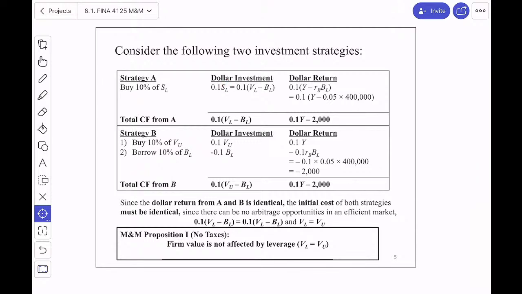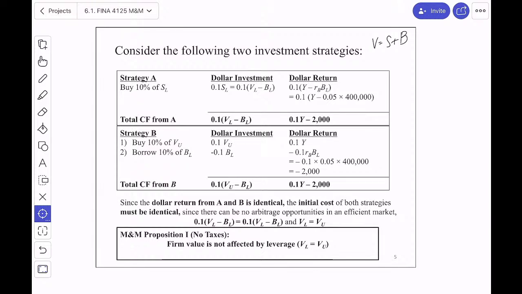And you're going to see this calculation a lot. This is always because V equals S plus B. So that means the dollar investment is 10% of the value of the firm less the outstanding debt. So this is the dollar investment. Everybody okay so far?